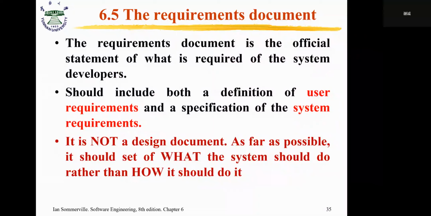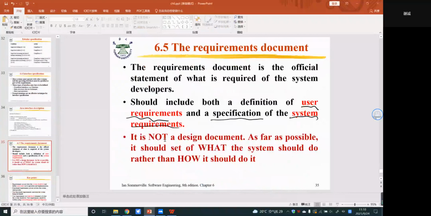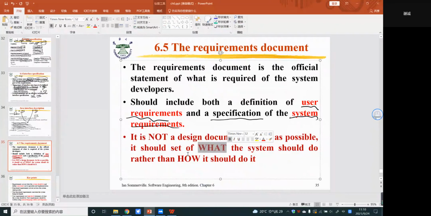It should include both a definition of the user requirement and a specification of the system requirements. It is not a design document, you should understand, because as far as possible it should set out what the system should do rather than how it should do it.